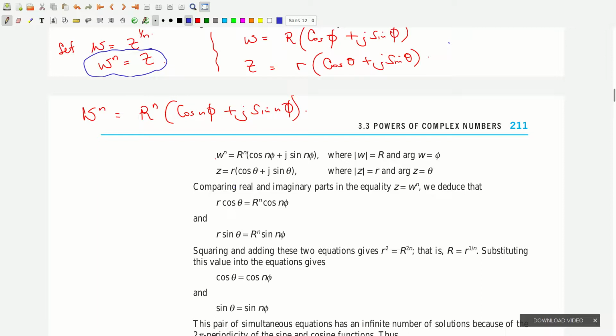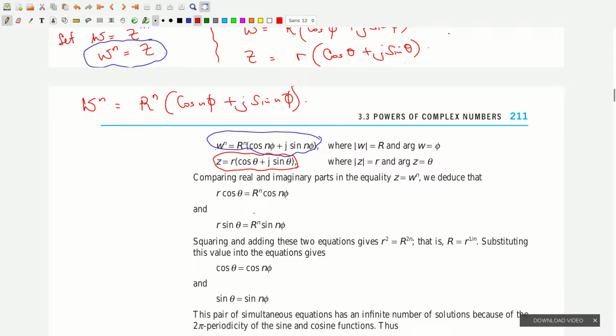w to the n is equal to z. So we have our w to the n, which is this, and then we have our z, which is just that. If w to the n is equal to z, we know that if two complex numbers are equal, then we equate real part to real part, imaginary part to imaginary part.